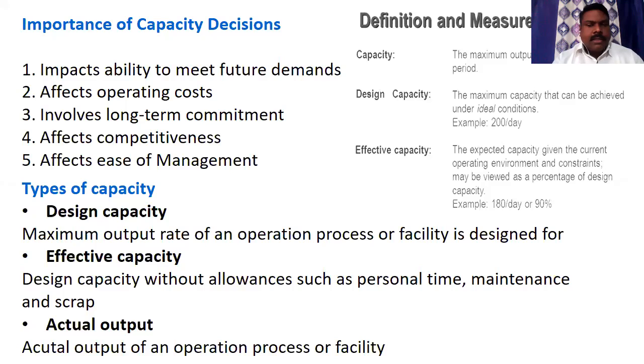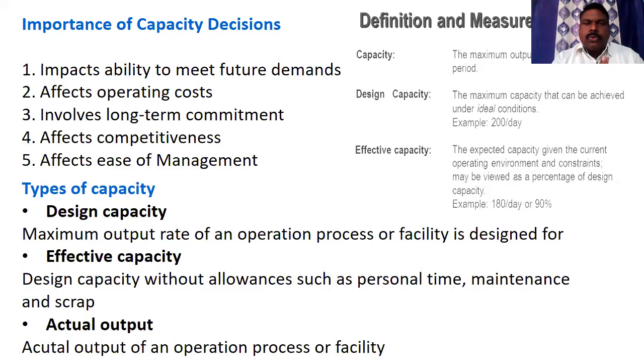We have to create a friendly environment, manage the wastage, the idle time, and the cost, and we have to control quality. So we have to manage all these things. So the importance of capacity decisions is managing future demands and costs, it should be long term, it affects competition, and it eases management.